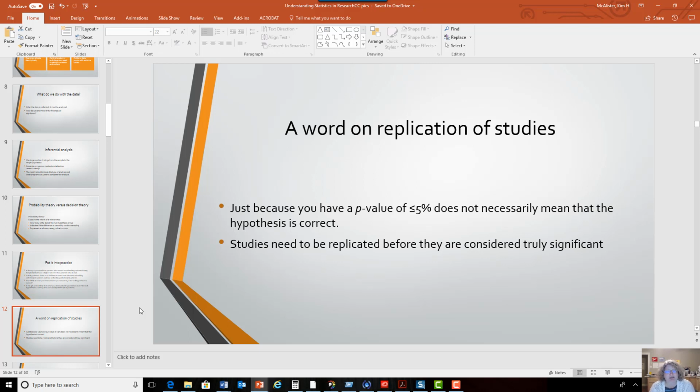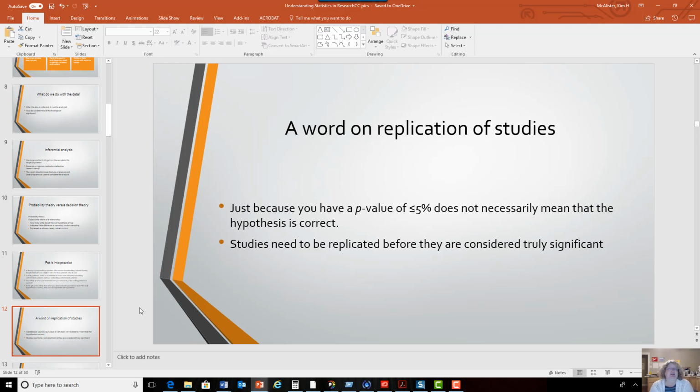Just because your p-value is less than 5%, that doesn't necessarily mean that the hypothesis is correct. You need to replicate your study before it's considered truly significant.